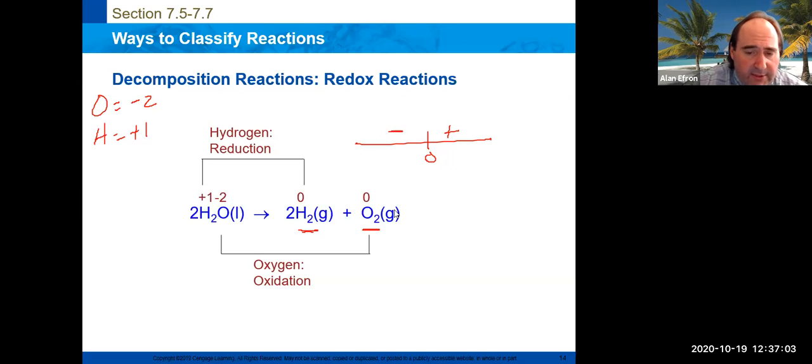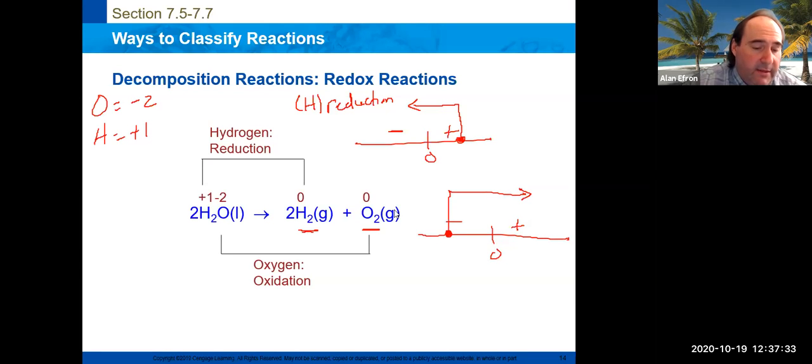So again, looking at the hydrogen, it is starting at +1, which would be like here, and it is ending at 0, which means it is going to the left. Going to the left means reduction because it's getting more negative. So the hydrogen here is going through reduction. Now, if we look at the oxygen, oxygen is starting at -2 on the left, and it's ending at 0, which means it is going to the right.